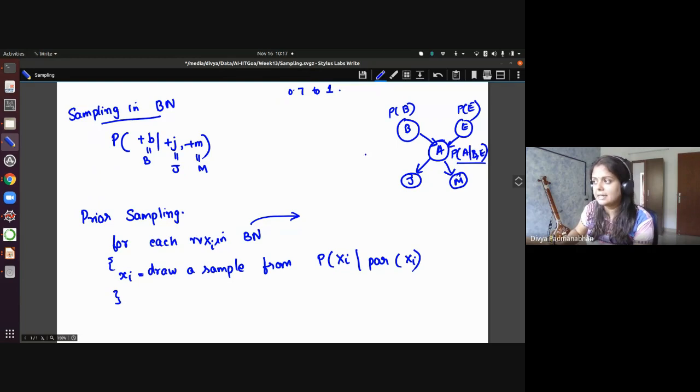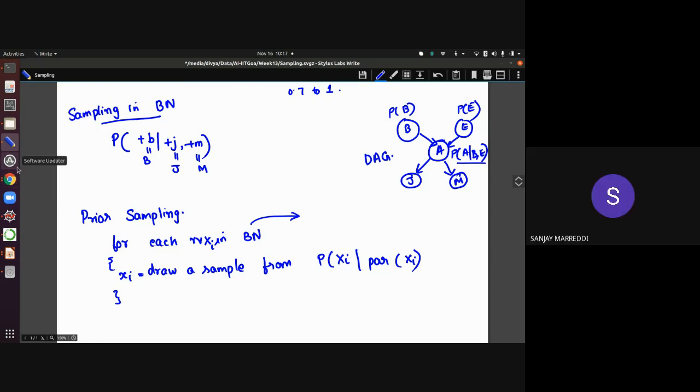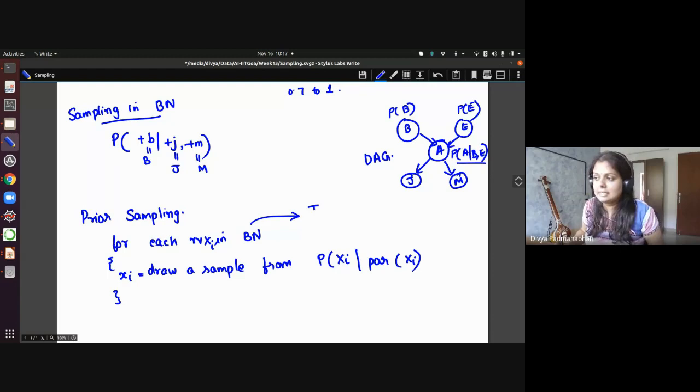This is a directed acyclic graph, so there's a name for this kind of ordering. Does anybody know the name? Topological sort order. Yes, exactly. So you follow this topological sort order, and that gives you a way to draw a sample.